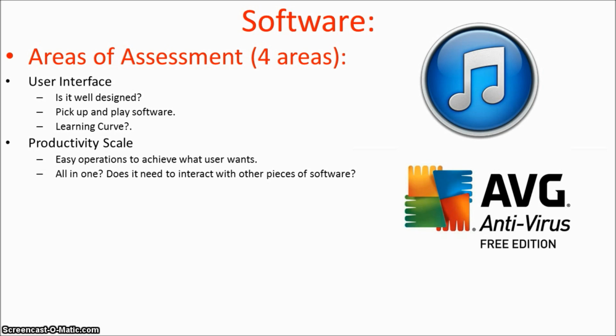The productivity scale, based on easy operations to achieve what the users want. Is it an all-in-one piece of software, or does it need to interact with other pieces of software? For example, with Microsoft Word, you could make an Excel table in it, but people may find it easier to make it in Excel and then copy that across to Word.